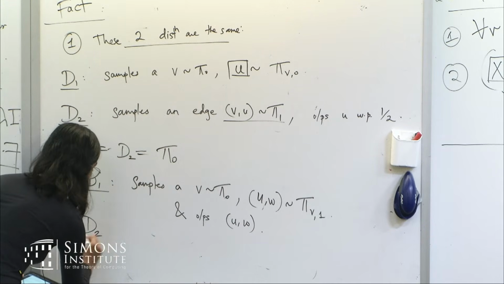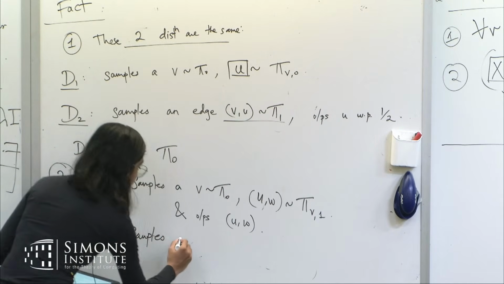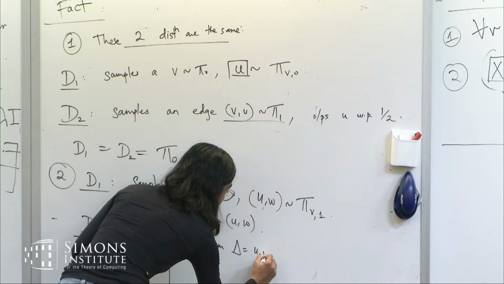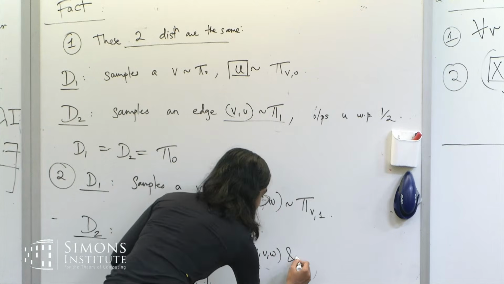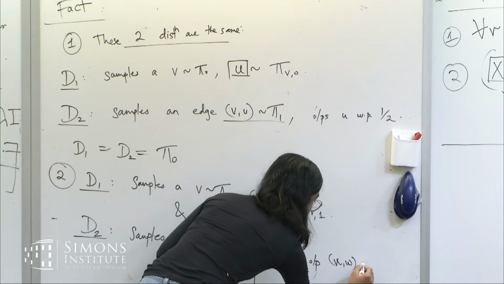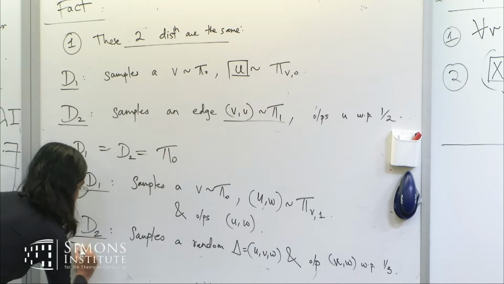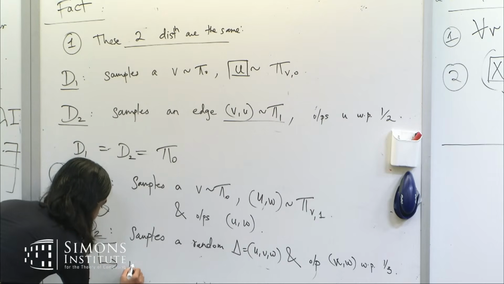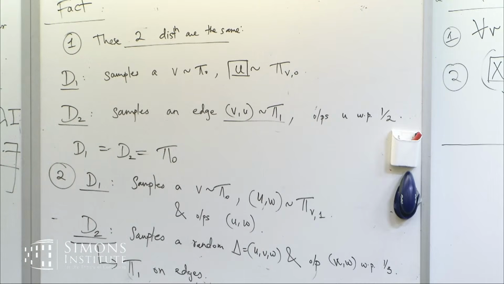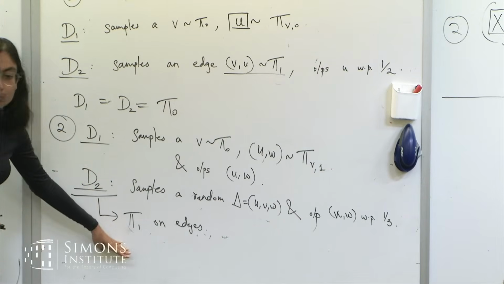The second distribution samples a random triangle UVW and outputs UW with probability 1/3. Just by the way we defined pi 1, this is the same as the distribution pi 1 on edges. And the claim is again that D1 is equal to D2 is equal to pi 1.